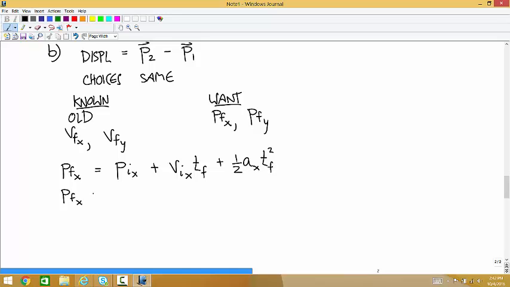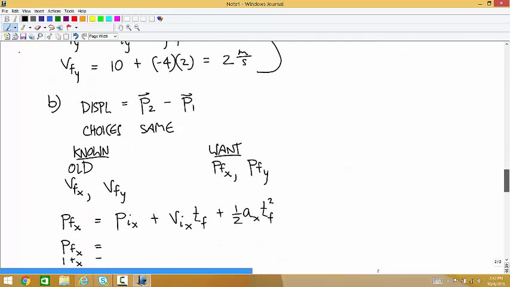PFX is equal to, you can just go back to the old list and look up these values.